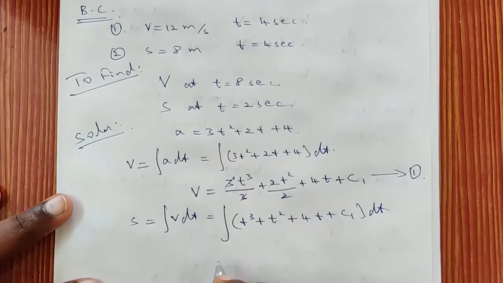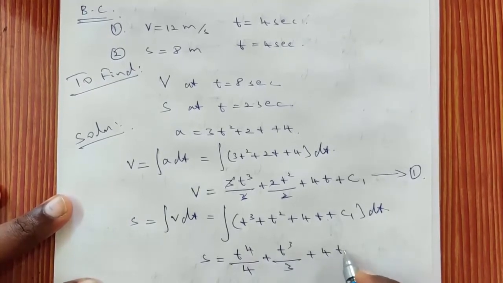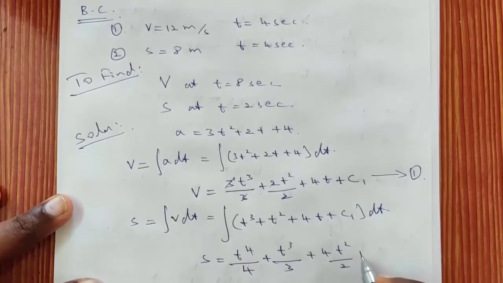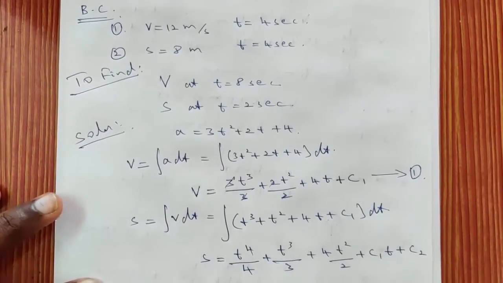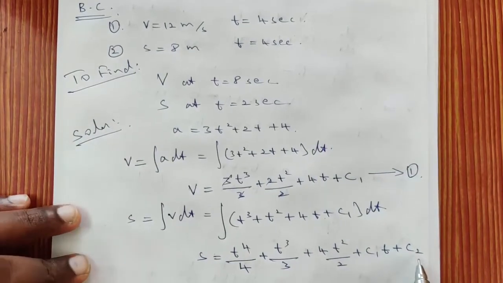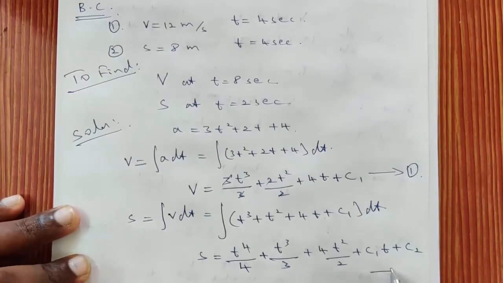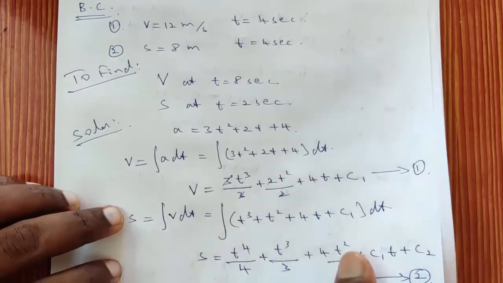So if you integrate this, you will get s is equal to t power 4 by 4 plus t cube by 3 plus 4t square by 2 plus c1t plus c2. Okay, so if you integrate the constant c1, we will get c1t plus c2. Here the c2 is the constant for second integration. So make this as equation number 2.